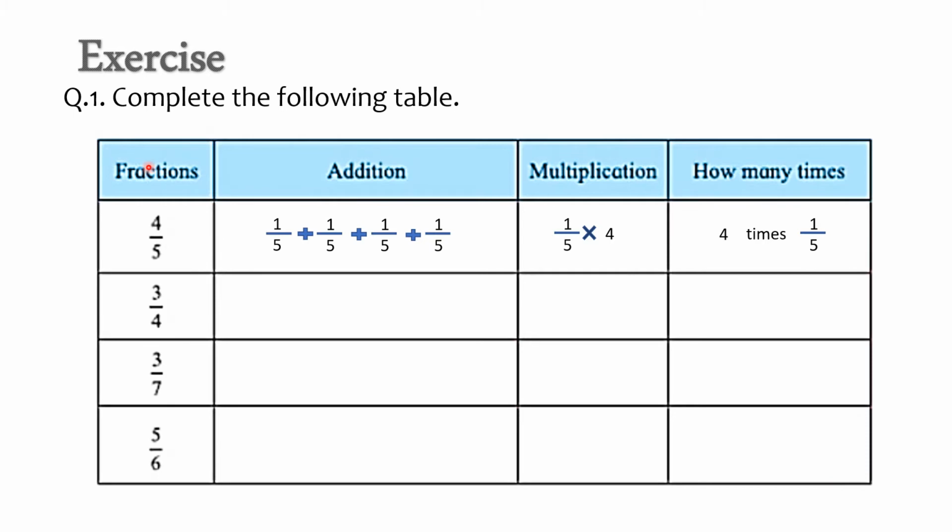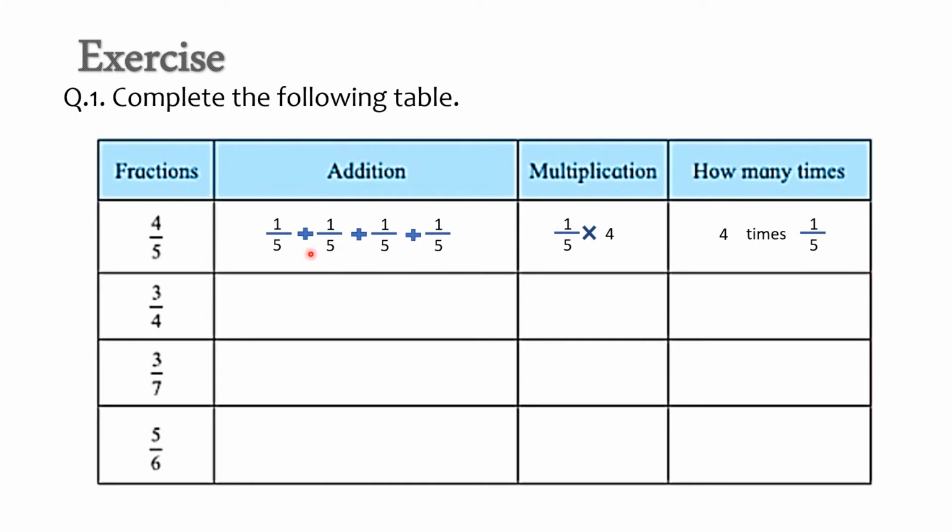Students, here numerator is 4 and denominator is 5. So we will add the fraction as many times as the number given in the numerator, as 1 upon 5 plus 1 upon 5 plus 1 upon 5 plus 1 upon 5.